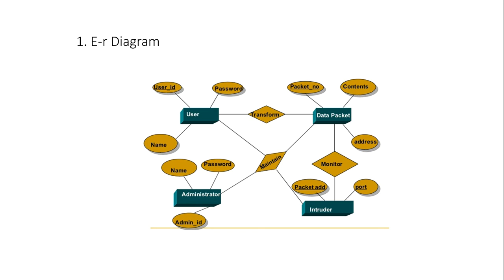Data packets have a packet number. If an intruder wants to enter the network system, the admin will check all these things. If the admin confirms the content, packet and IP addresses, then it will be forwarded to the users.